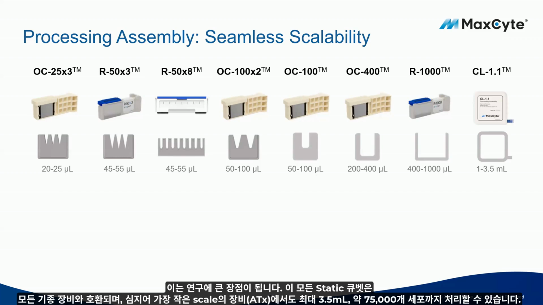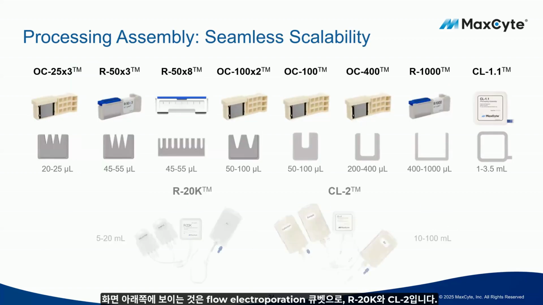Which is quite nice. So these are all the static electroporation cuvettes, which are all compatible on all of your instruments. So even on the smallest instrument you can do up to 3.5 mL of cells. And then here at the bottom are flow electroporation cuvettes, which we call the R20K and the CL2.